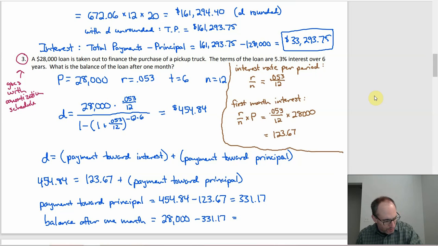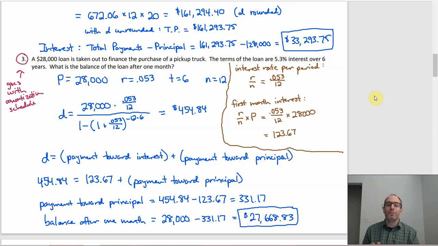And so then that's going to be 27,668.83. There. So that is actually going to be our final answer right there. So it's a few steps to get there, right? It's based off of getting what the monthly payment would be, but then we had to split it.